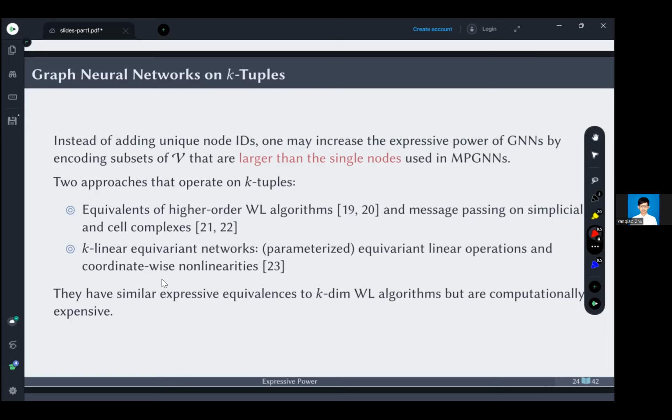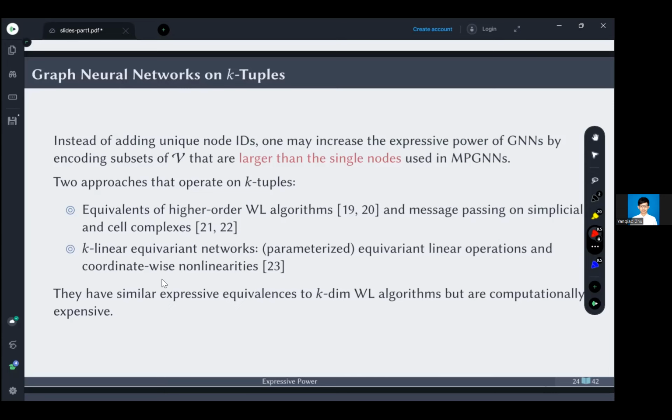There are some approaches taken so far. The first one is the equivalence of graph neural network models to some higher order graph neural network with Weisfeiler-Lehman algorithms, or some geometric graph neural network model that performs message passing on simplicial or cell complexes.